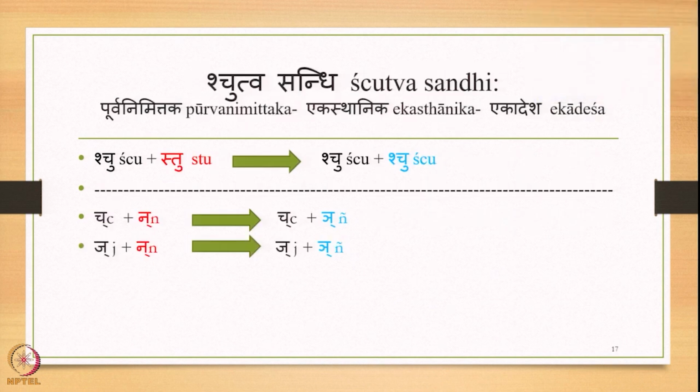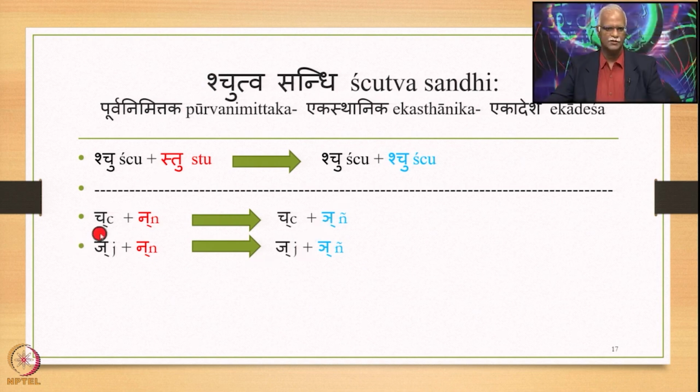So let us now look at shchutva sandhi with purva nimittaka ekasthanika ekadesha. So we have template examples of this kind: shchu plus stu, and stu will be replaced by shchu. For example, we have ch plus na, and 8440 applies and returns the output in the form of ch plus ya.